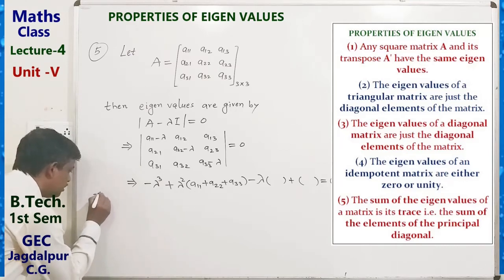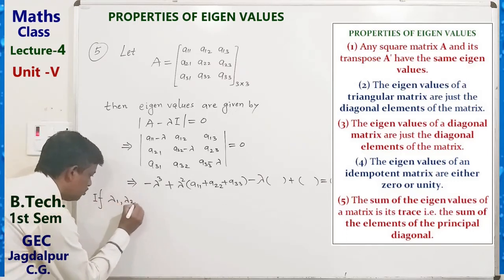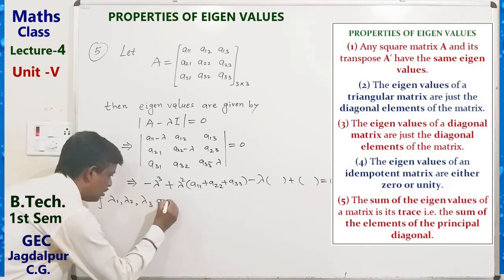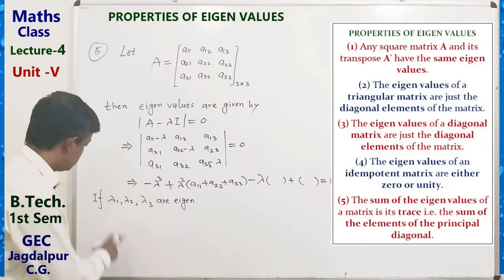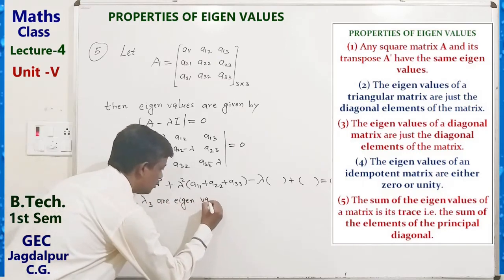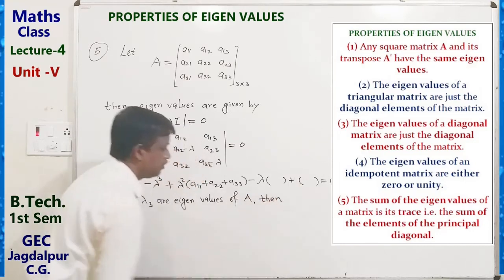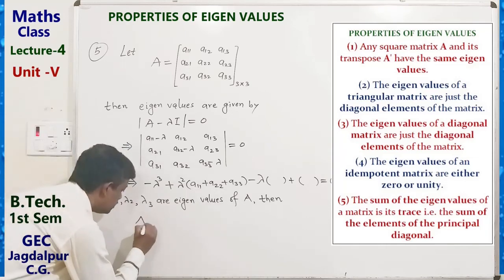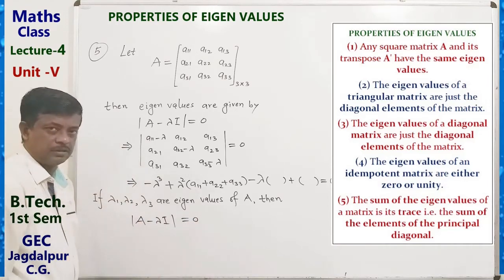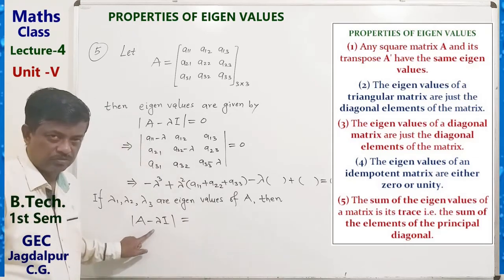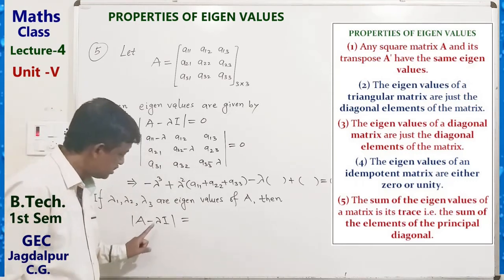Suppose lambda 1, lambda 2, lambda 3 are eigenvalues of A, its roots are eigenvalues. Then the determinant of A minus lambda I, this is what?